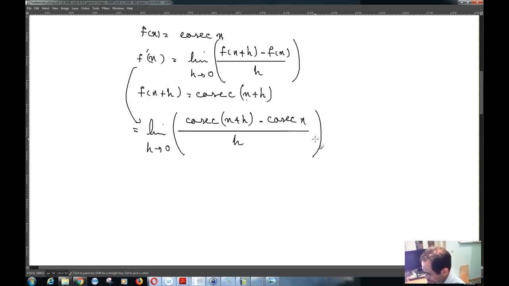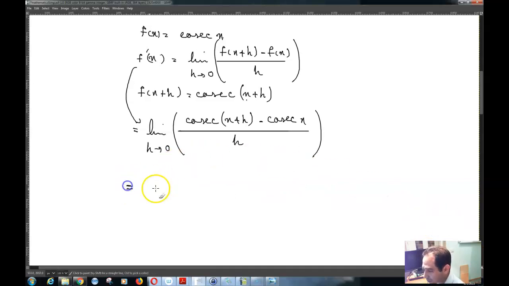And since we don't have any formulas for something like cosecant x minus cosecant y, we need to make some changes to the numerator.